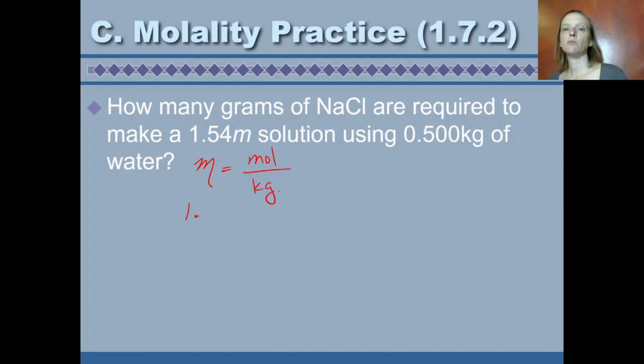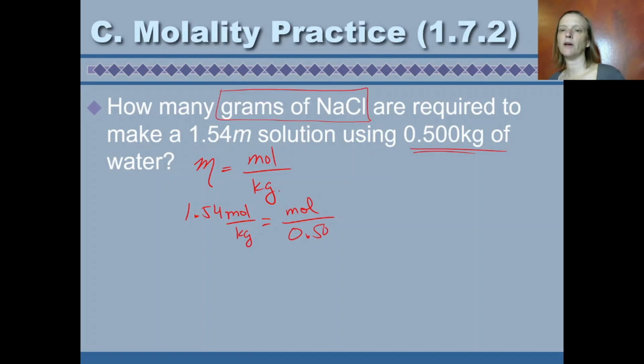My molality is 1.54, and I'm going to go ahead and write those units as moles per kilogram. And my number of moles is what I'm trying to solve for so that I can ultimately convert it to grams of sodium chloride. And my kilograms are given to me. I don't have to convert anything there.